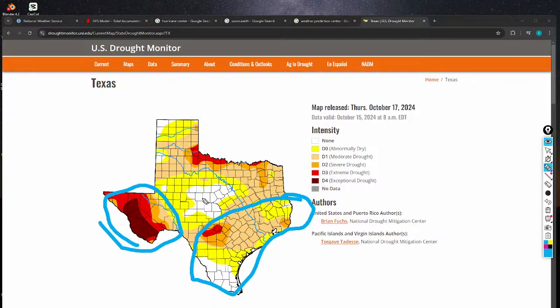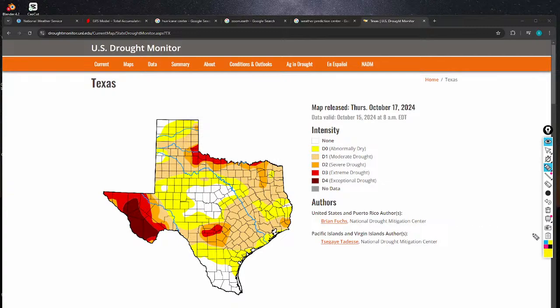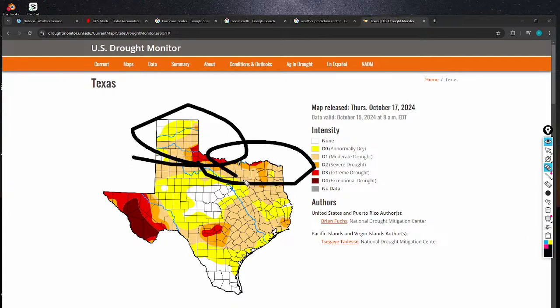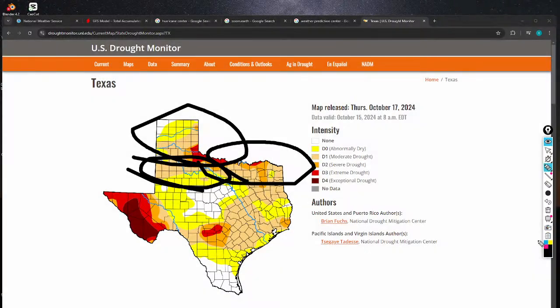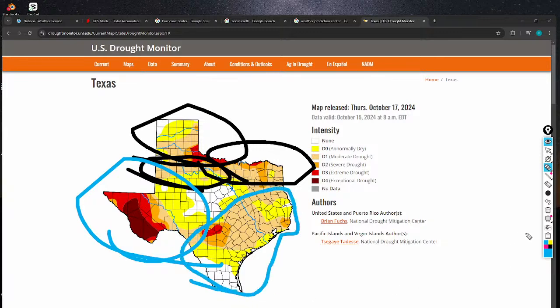The yellow almost completely blends in. Black, you have highest chance of rain, so the drought should go down by a decent amount. Okay, blue, drought will probably continue and potentially get worse.